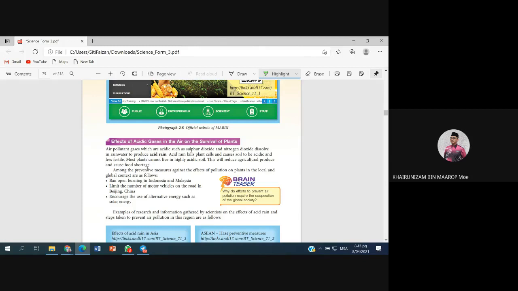The surface of the leaf forms a layer, so it will reduce the absorption of sunlight, and they cannot carry out photosynthesis because the chlorophyll of the leaf is covered by dust. Okay, can you understand?